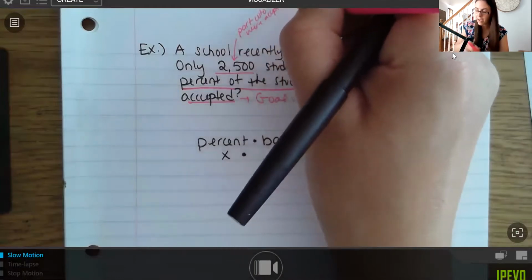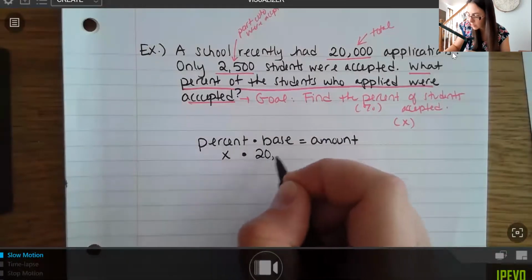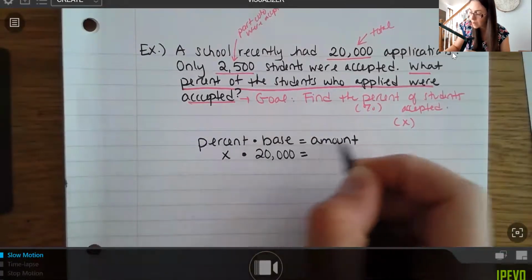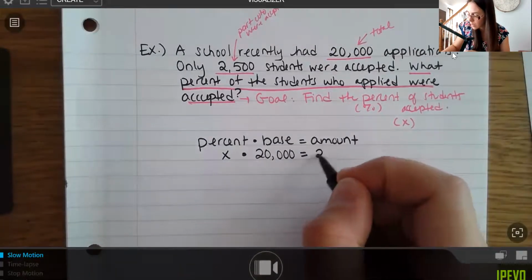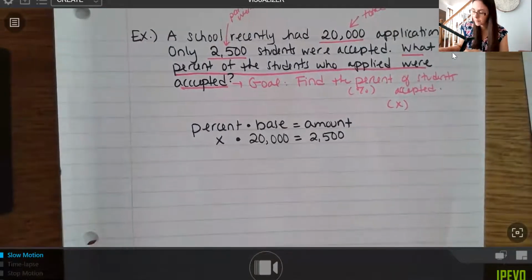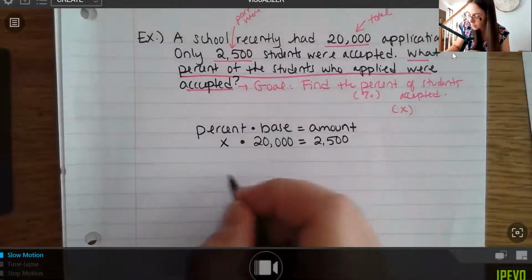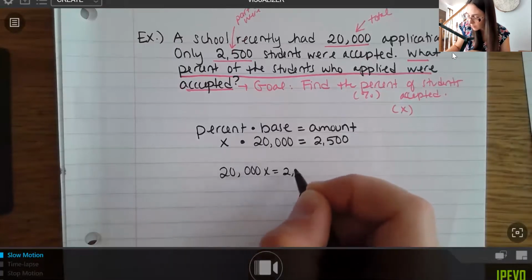So if I think about what I have here, my base must be that 20,000, because that's the total. And the amount is typically the part that we're looking for, and that is the 2,500. So this is what my formula is going to look like. Typically, we like the number first, so I'm just going to rewrite this. It'll be easier for me personally to work with.